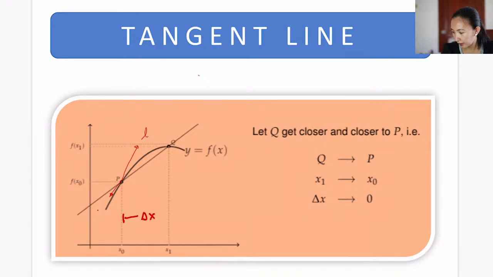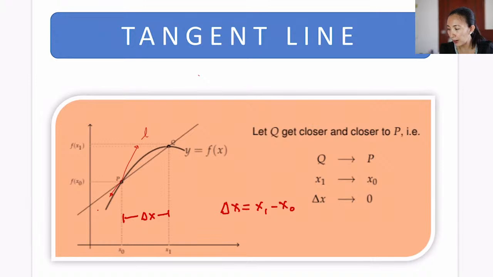Ito yan. Kasi kanina sabi natin si delta x is equal to x sub 1 minus x sub 0. So ito yon. So what shall we do? We draw Q such that it gets closer and closer to point P. Kaya meron ito.